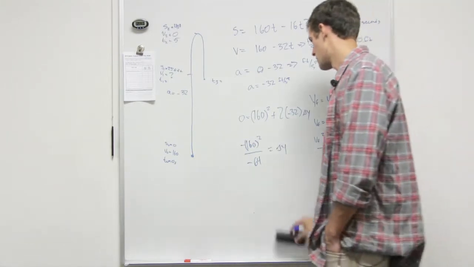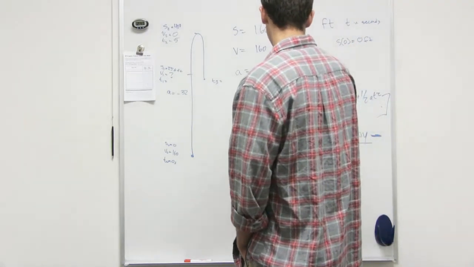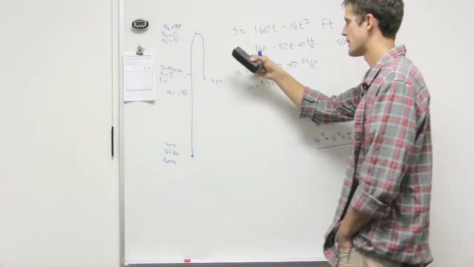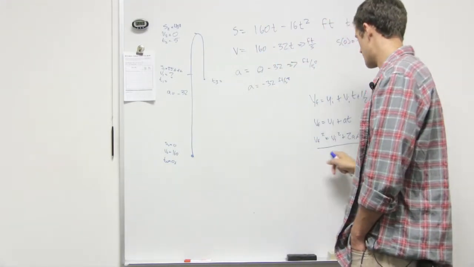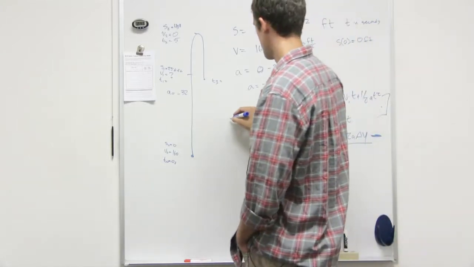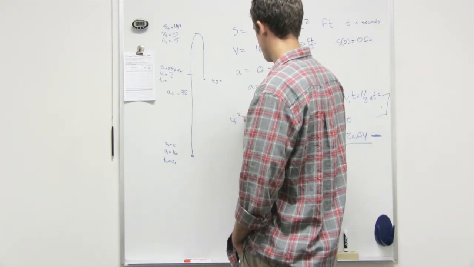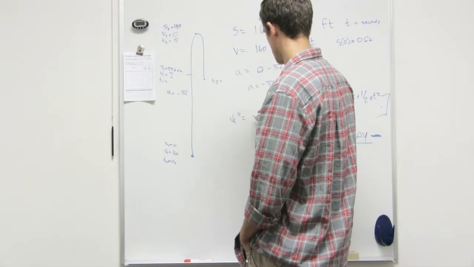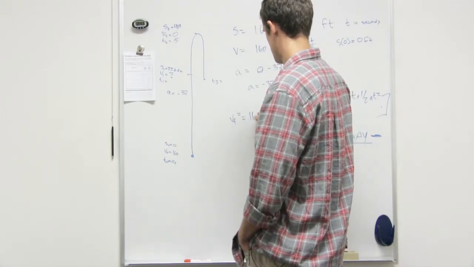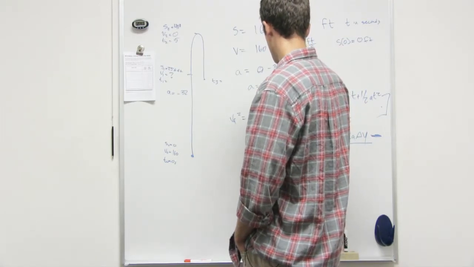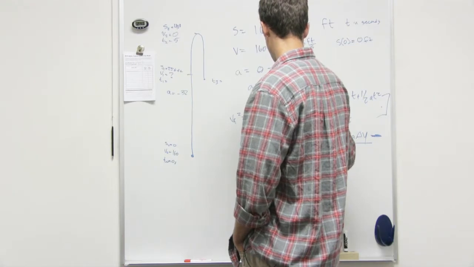Okay. So you remember the other one, we had to solve for time with the position equation, and then plug it back in here. So we'll be able to use this one again. So velocity final is what we're looking for. What's our velocity initial? 160. And then our acceleration is negative 32.